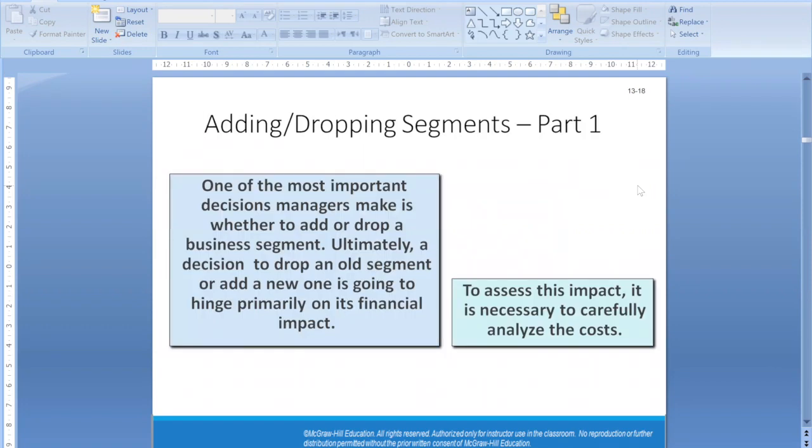Managers must decide whether to add or drop a business segment, line, or branch. Ultimately, a decision to drop an old segment or add a new one hangs primarily on its financial impact. So to assess this impact, it is necessary to carefully analyze the costs.